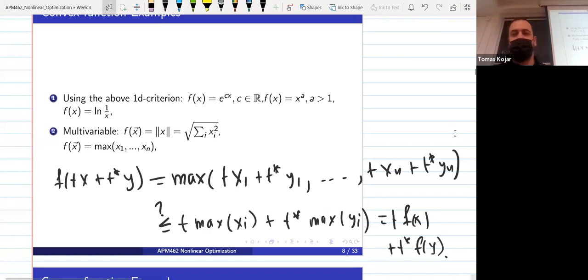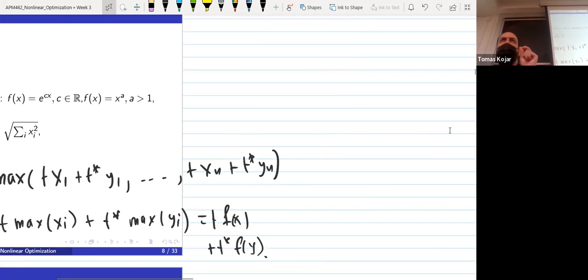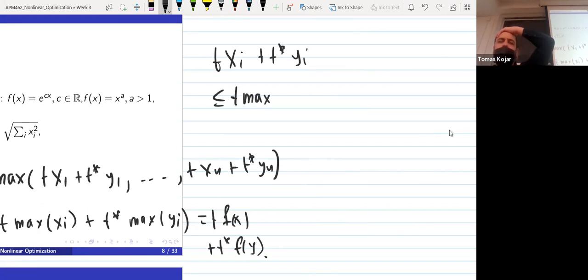Oh, okay, I think I know what you mean. So, yes. Yeah, so you have to look at them individually. I think you're saying that for each i, t of xi plus t star yi is less than t times the maximum of xi plus t star times the maximum of yi, right? Is that what you said? Because this could be like y2. Oh, I see, you bound them individually. Yes. Well, okay, anyway.